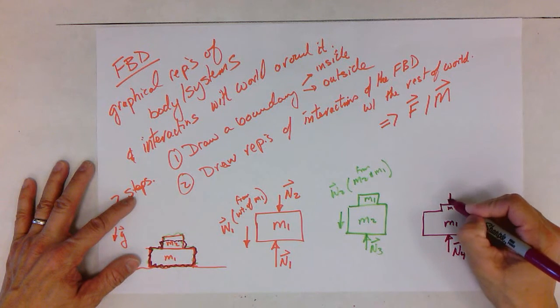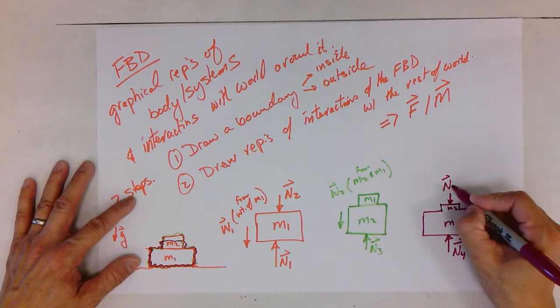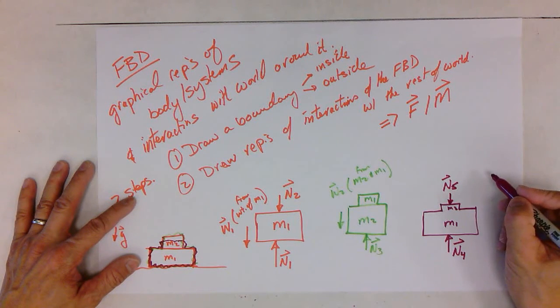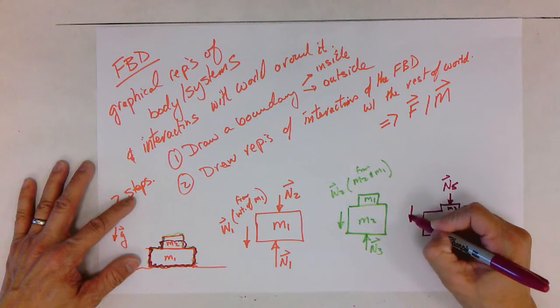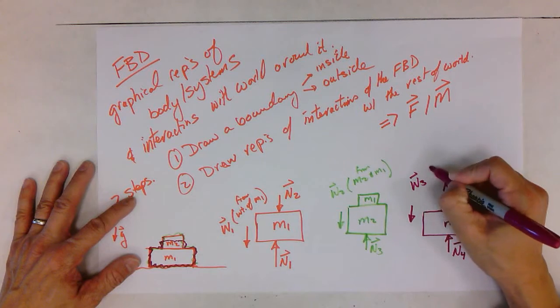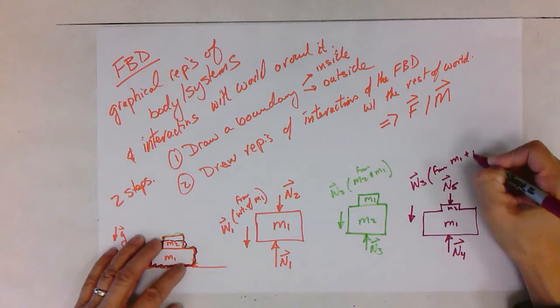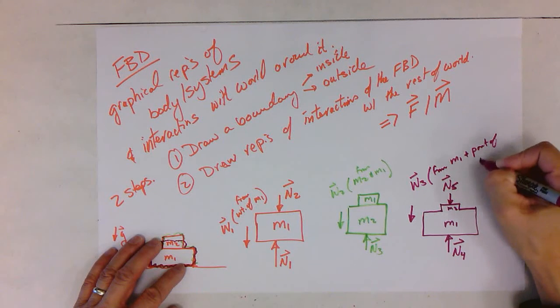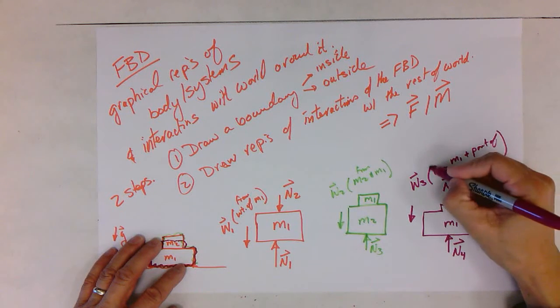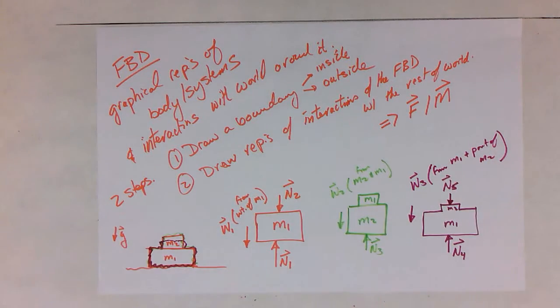In this case, part of the box sits on top. And it also has a weight, and this weight is from M1 plus part of M2. So in the free body diagram, we just denote the interaction. Parenthetically, I've just described it in a little more detail.